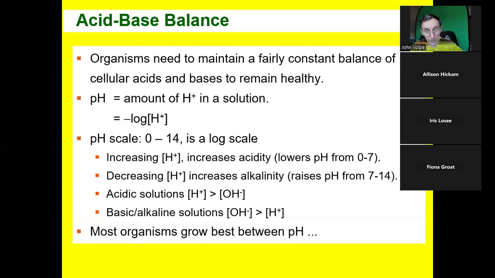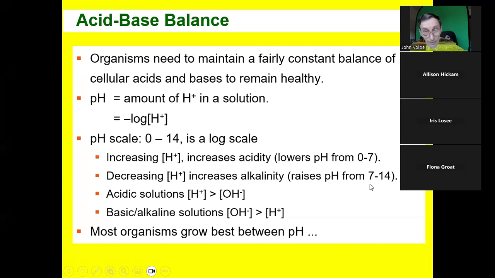At pH 0, just to tell you what pH 0 is, all of the water molecules have separated into H plus and OH minus, and the OH minus have been removed from the water. So all you have left is the H plus. Decreasing the hydrogen ion concentration, increasing the alkalinity, raises the pH from 7.